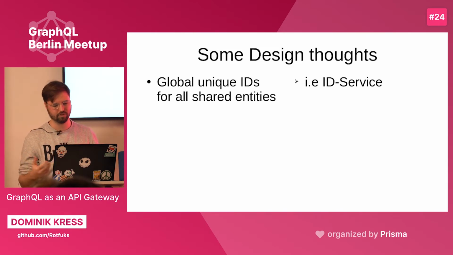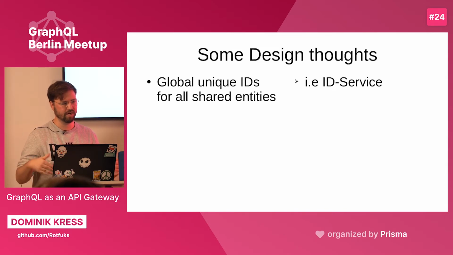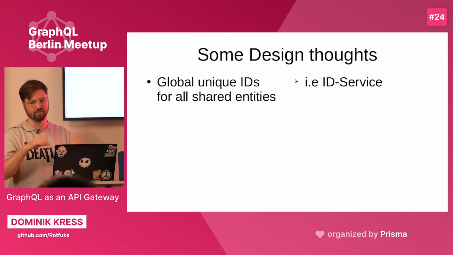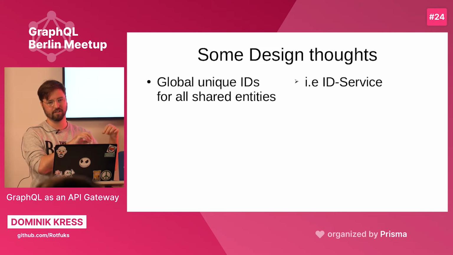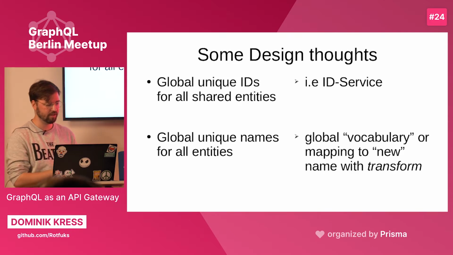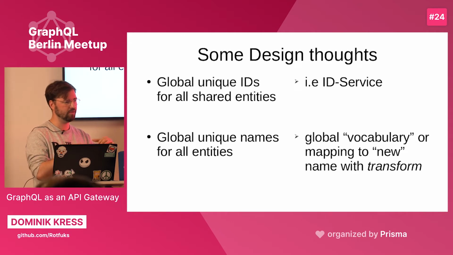So you need globally unique IDs in order to fetch the same entity over all the services that are behind your API gateway. So in this case, you can implement an ID service to get the ID over every service, or whatever way there is. For our example, I just faked the IDs of the test data in a way that they all have the same ID.